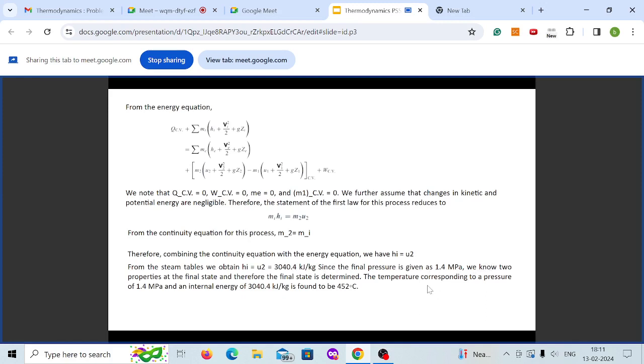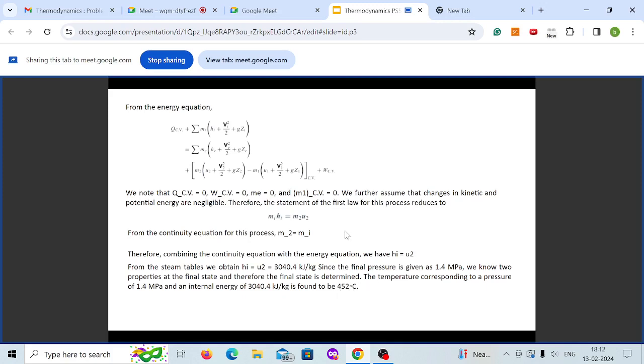So we know that your u2 is 3040.4 and your final pressure is 1.4 megapascal. So correspondingly you can find out what will be the temperature from the steam table. So corresponding to u equal to 3040.4 kilojoule per kg and pressure of 1.4 megapascal, you will get from the steam table that your temperature will be 452 degree Celsius.